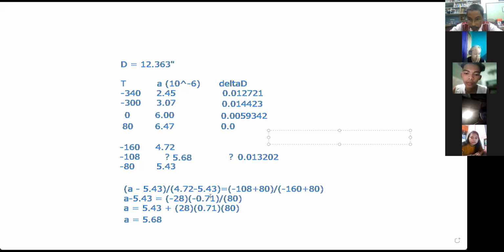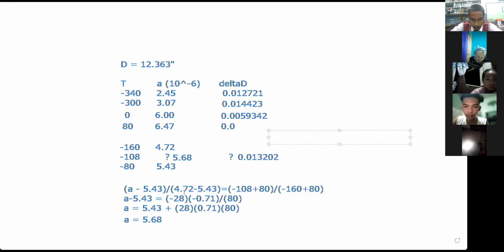So tama. So we are correct here. And the other one is what? Negative 108 plus 80. I think that is negative 28. Is that correct? Negative 28, sir.